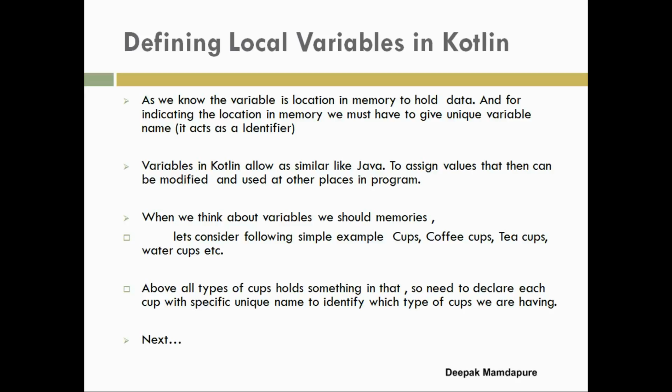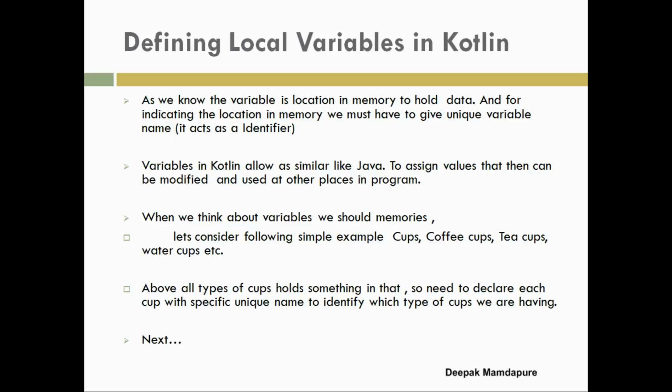Based on that unique name, we can identify that memory location. So this is nothing but a variable. Defining a variable in Kotlin is similar to Java. In Java we can assign a value to a variable, we can modify it, and even reuse it anywhere in a program. The same thing we can do in Kotlin as well.